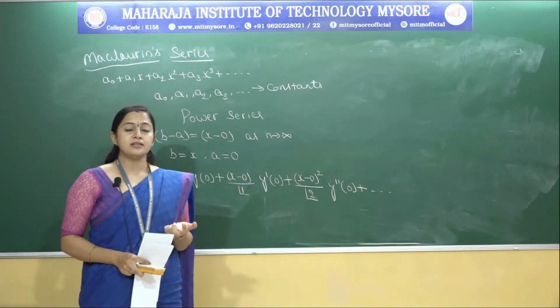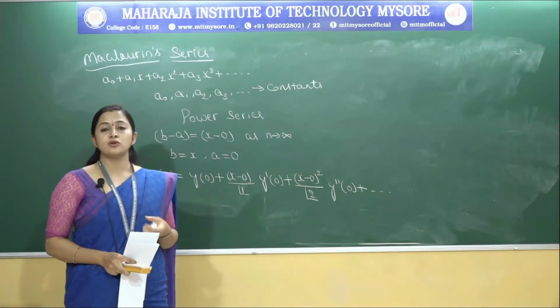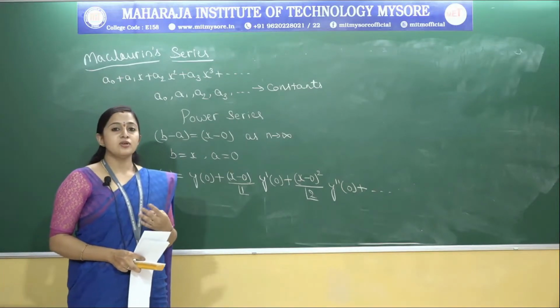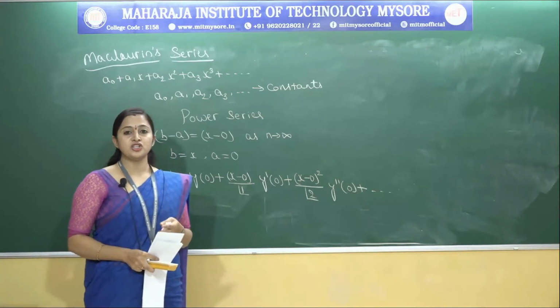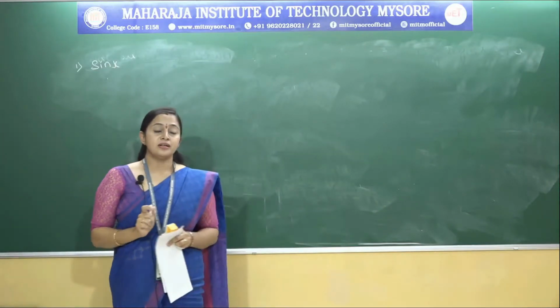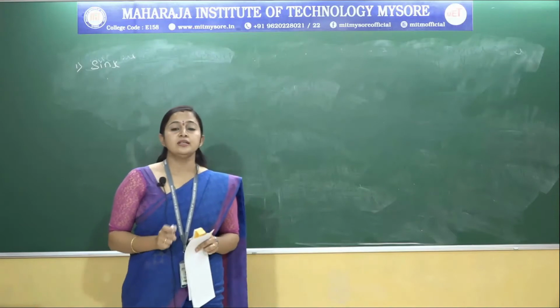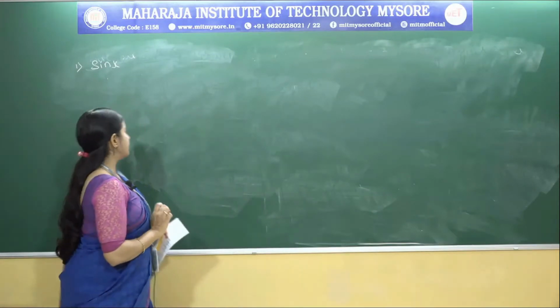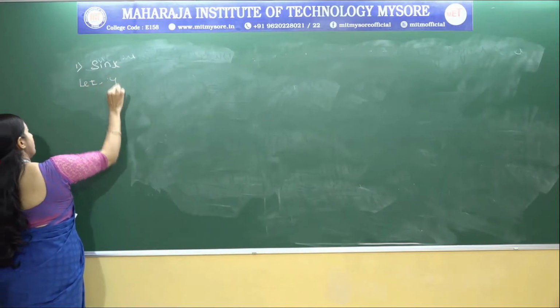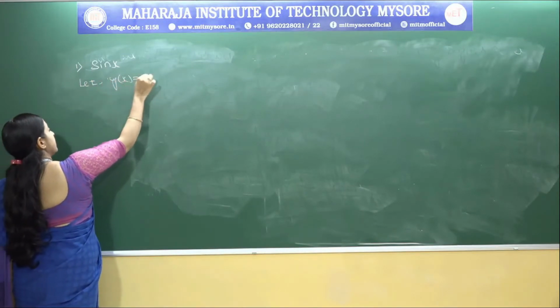Using the Maclaurin series, you can find the series of trigonometric functions sine, cos, tan, the inverse trigonometric functions, and exponential functions. Suppose you want to find the sin x series using the Maclaurin series. Let y of x equals sin x.